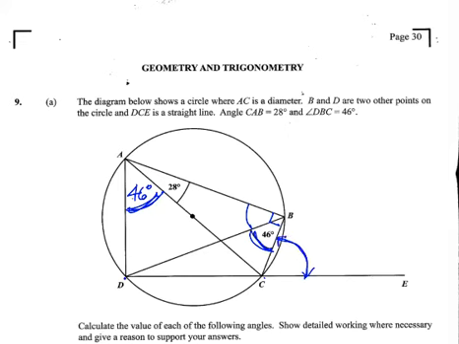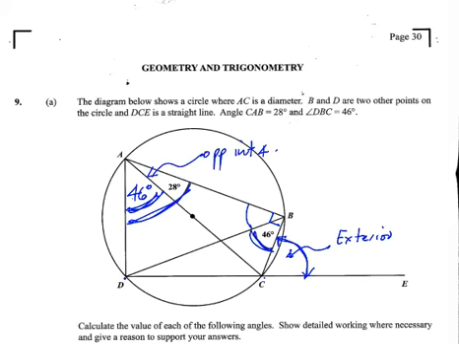First of all, we can establish that ABCD is a cyclic quadrilateral, and angle BCE is the exterior or external angle of a cyclic quadrilateral, and this entire angle here is called the opposite interior angle of a cyclic quadrilateral.